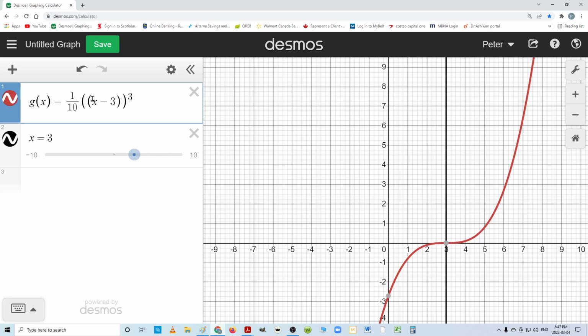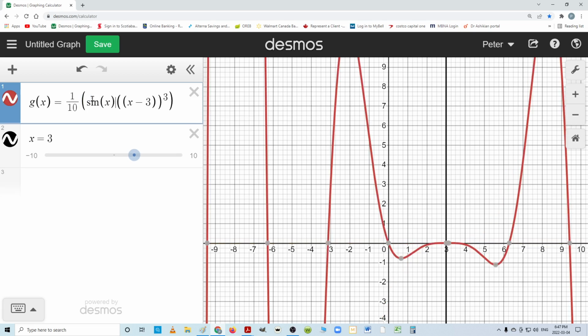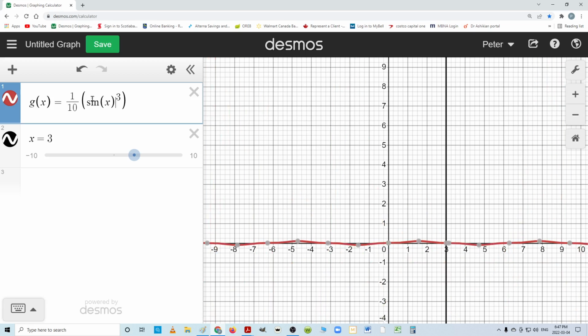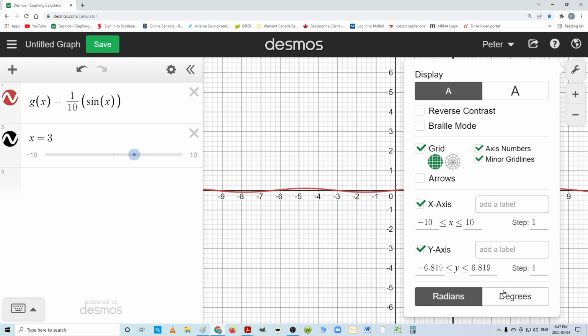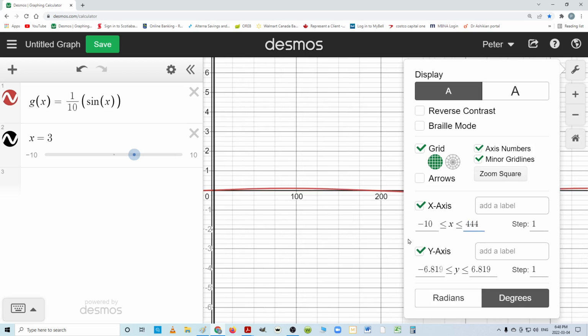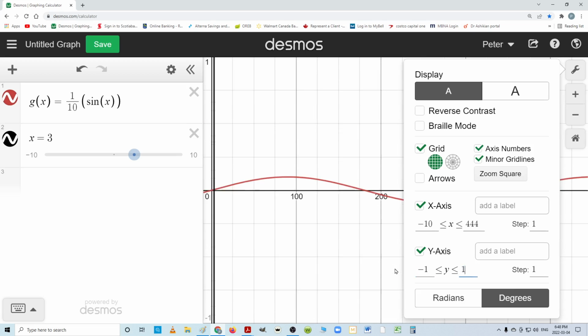What about something that's not symmetrical? Let's see if I can pick a sine x like that. Let's see, 4, 4, 4. Go from -1. Now, you might not be familiar with the sine curve, but it's just another function.